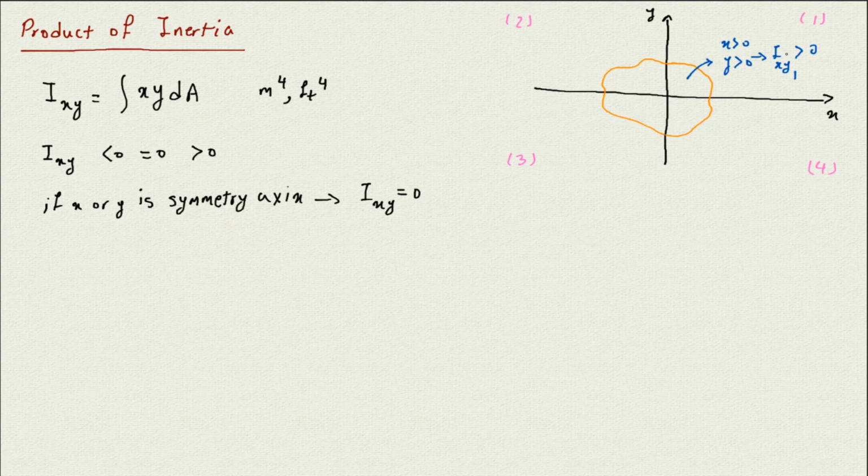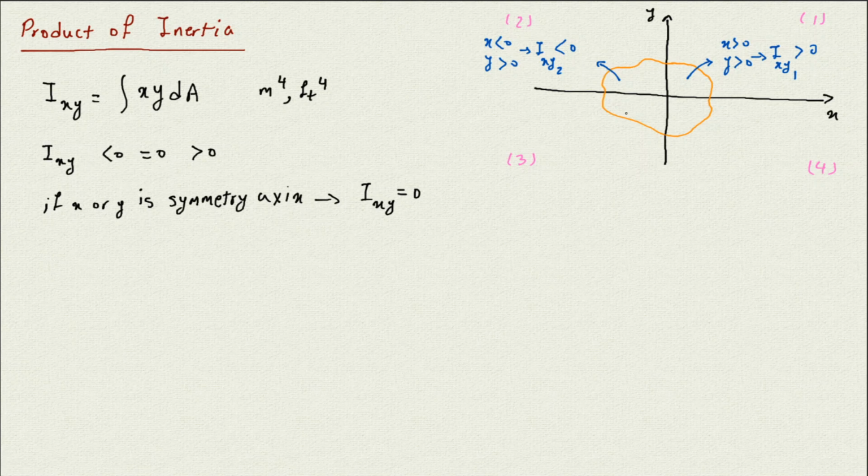For the second quadrant, we know that x is negative and y is positive. Therefore, Ixy in this quadrant is going to be negative.